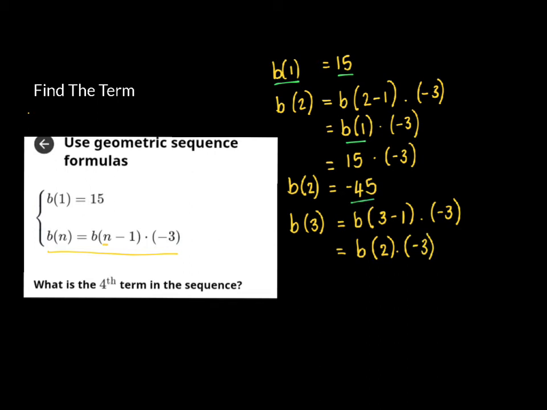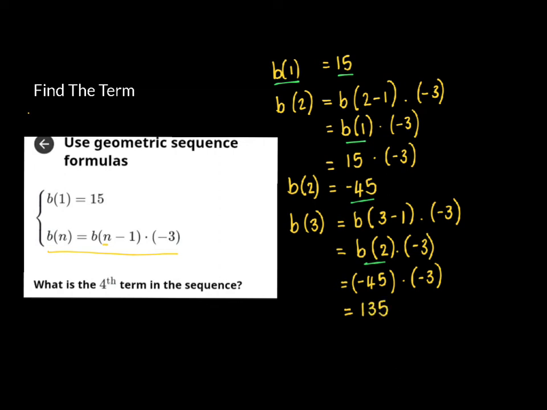We know it's negative 45. So this B2 over here, we're going to replace with negative 45. Do you think you can find the answer for me? Let's see. I'm going to get negative 45 multiplied by negative 3. Okay, can you find the answer to this one for me? And we're going to get 135, and that is B3.